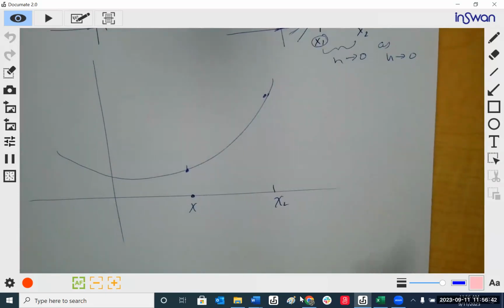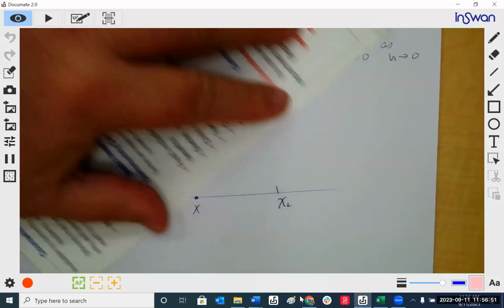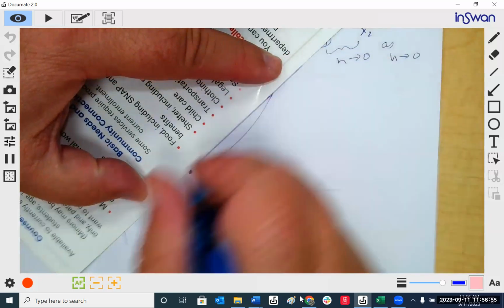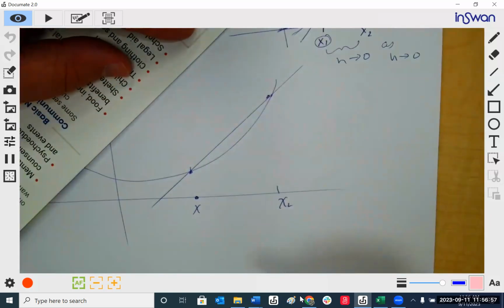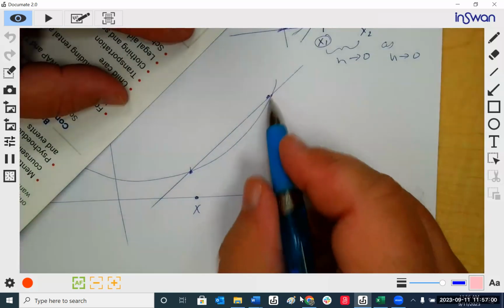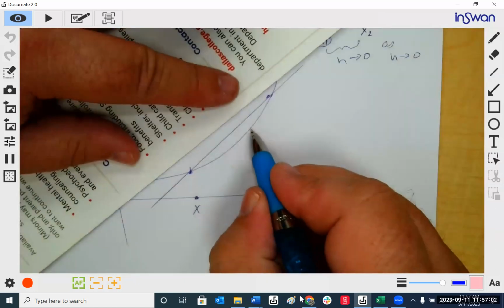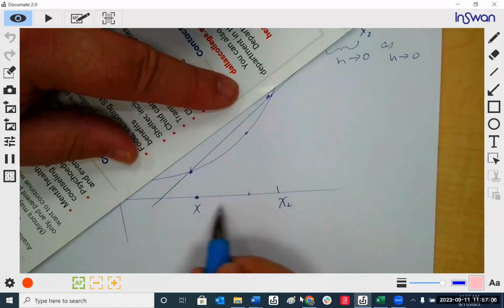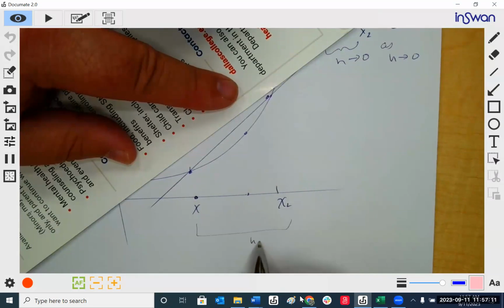Well, let me. I have some items here. I'll use these. Okay, so here I have 2 points. I'm going to draw a line. That's a secant line. It doesn't tell me the slope of the curve. So I pick another point. Remember, h is getting smaller now. This is h1. h2 is a lot smaller.